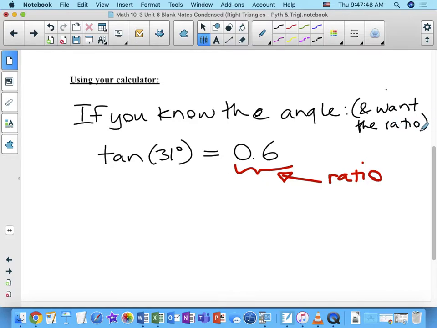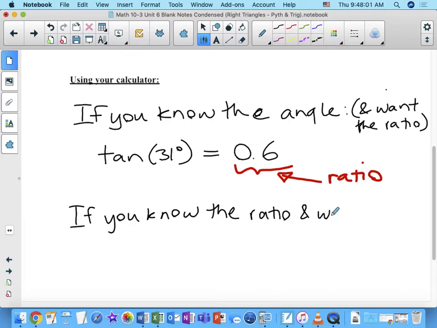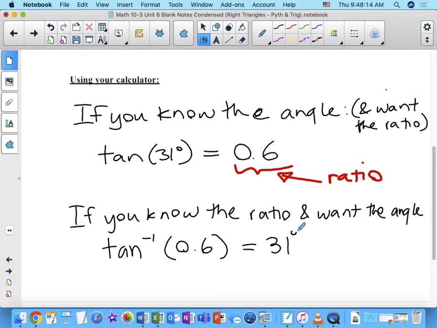Here, if you know the ratio and you want the angle, if you want to go in the other way, and want the angle, you would go tan inverse of 0.6 to get 31 degrees, right? And this is your angle.